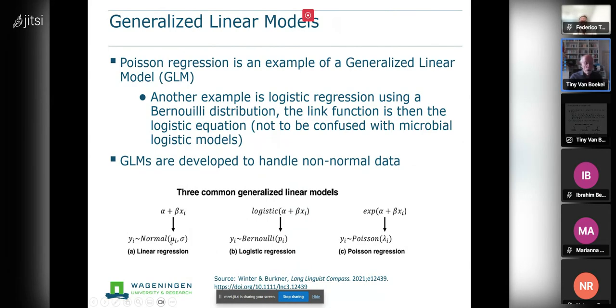So the assumptions are all the same, but the mathematical implications are different. Once again, if you have a normal distribution, you just replace the mean by this model. If you have logistic regression, you replace this probability by this model. If you have Poisson distribution, you replace its parameter by the exponent of the model.